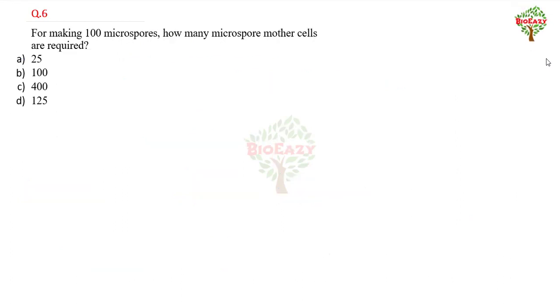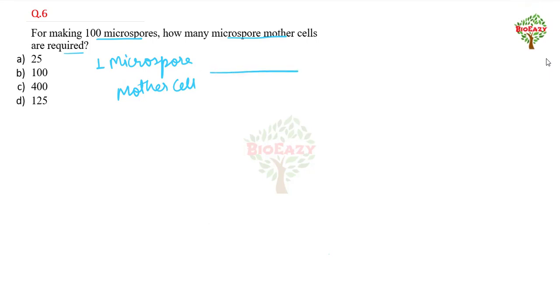Now question number 6 is, for making 100 microspores, how many microspore mother cells are required? From one microspore mother cell, with the help of reduction division, 4 microspores are formed which are haploid.